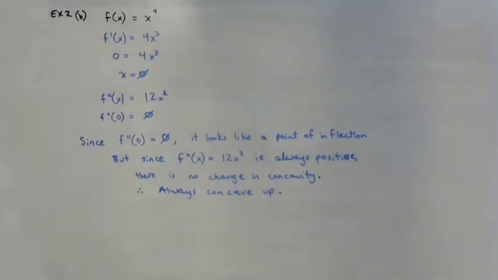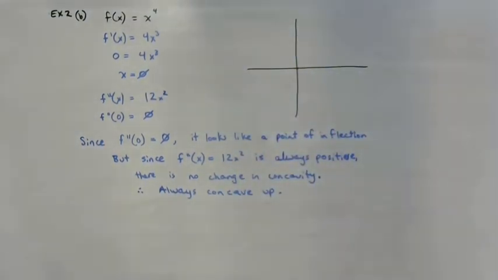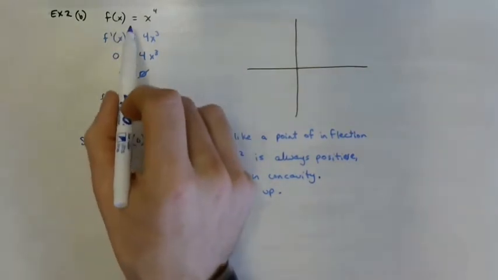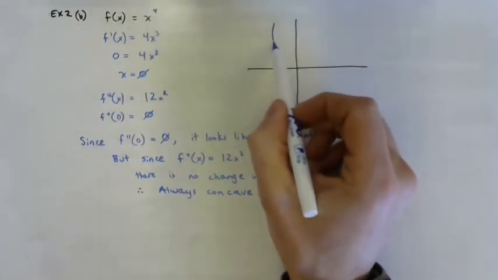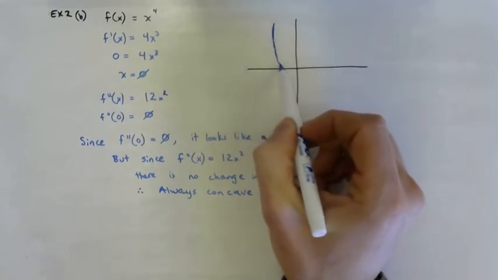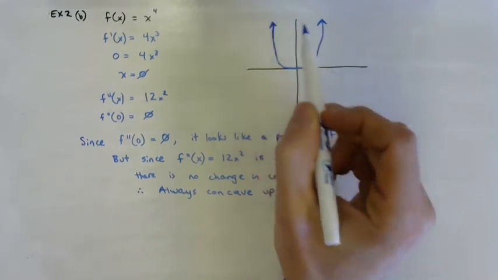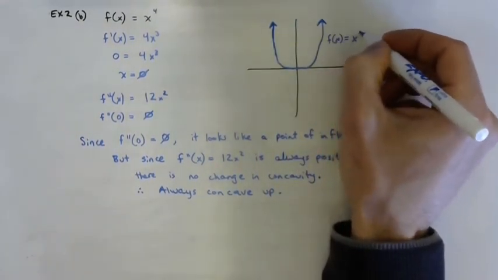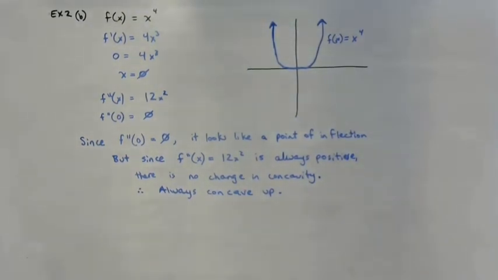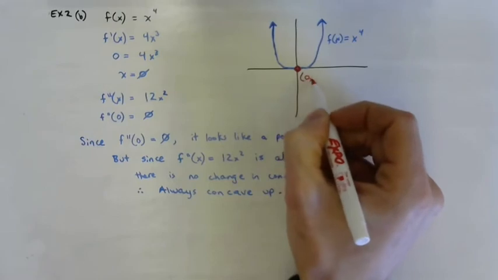And if we sketch the graph, you'll see that pretty easily, because the function f of x equals x to the power of 4 is basically a parabola with a flat, wide bottom, with this critical point at (0, 0).